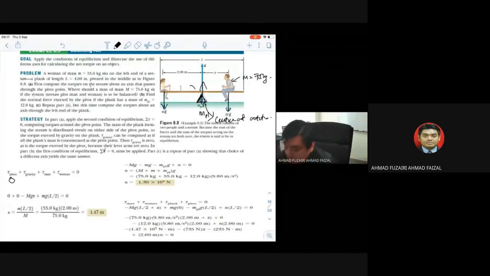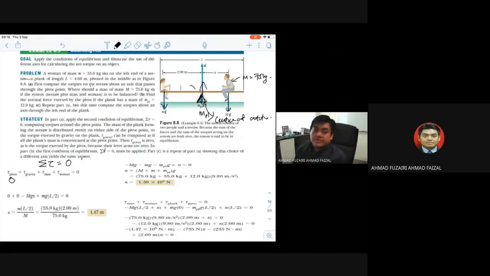Right? Okay, where should a man sit? So, di mana man tu kena sit dalam situation sekarang? So dalam kes ini kita akan gunakan yang pertama, summation of torque equals 0. Okay, summation of torque. So we must consider every torque yang ada. So torque of the gravity. Apa maksud torque of the gravity ni?